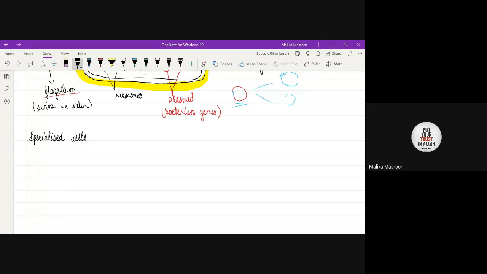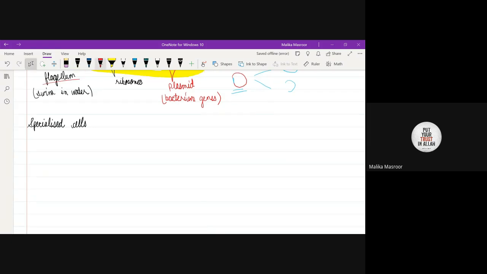Multicellular organisms, you know, contain millions of cells, and almost all of the cells have the same features, but most of the cells have a particular function to perform, and the structure is modified to help them carry out the function efficiently. All cells have the same features, but their functions are different, and the structures have been modified to perform those functions efficiently.